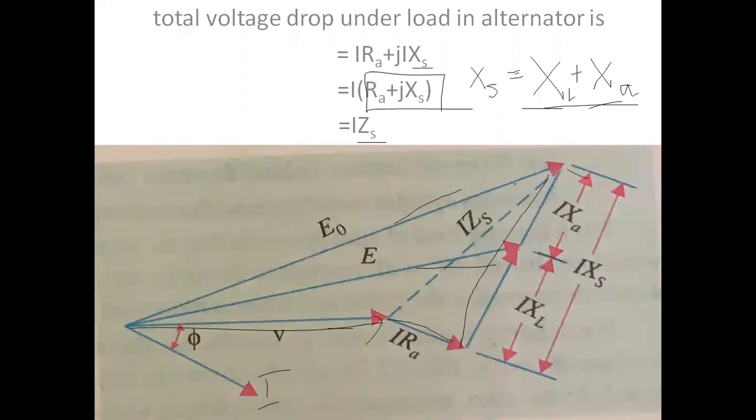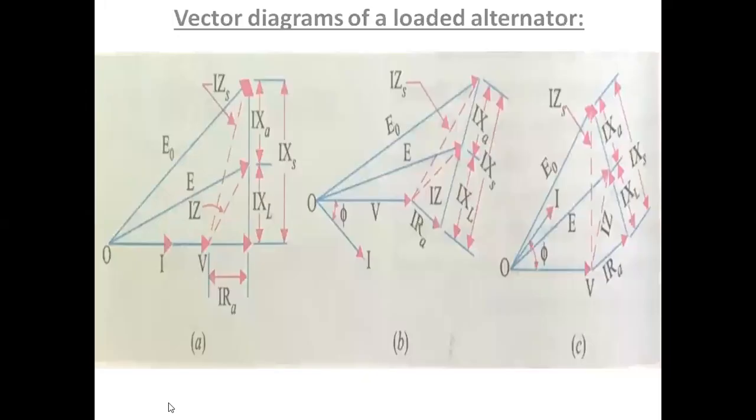So up to IXL it is called the load induced EMF, and up to IXA it is called the no load induced EMF. I will briefly explain in the next topic, vector diagrams of a loaded alternator. Okay, so here E is equal to V plus IRA plus IXS.